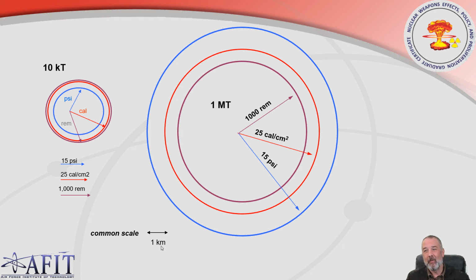So while with a 10 kiloton blast the significant exposure due to radiation is higher than both of the other two, it's not when you talk about 1 megaton. The distance that those occur in a 1 megaton blast is significantly higher than it is for something like a 10 kiloton blast.